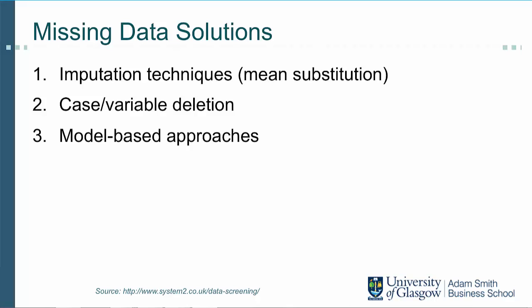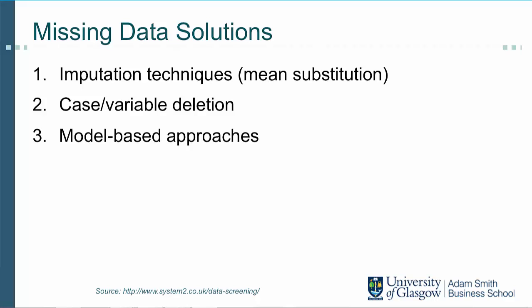Given that sample size matters in SEM and that we are trying to retain as many cases as possible, I tend to use imputation technique. Specifically, I substitute missing data with the variable mean. Your other choice is to use an estimation technique within SEM that handles missing data.